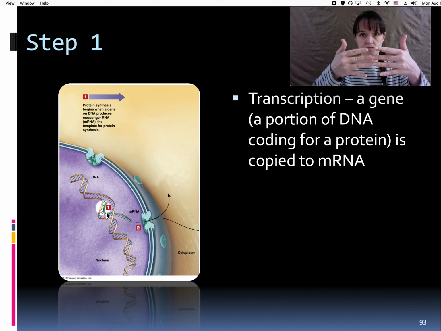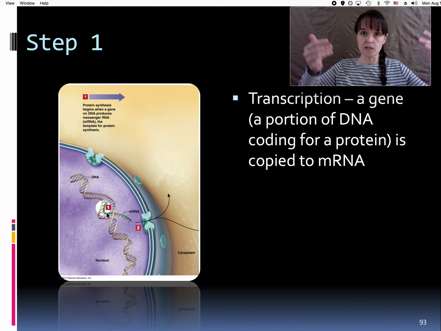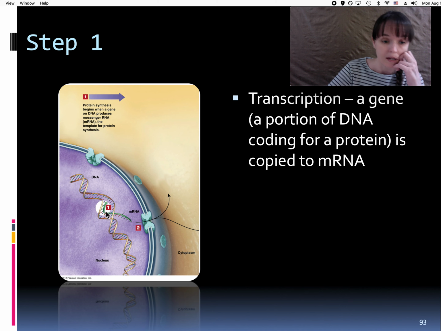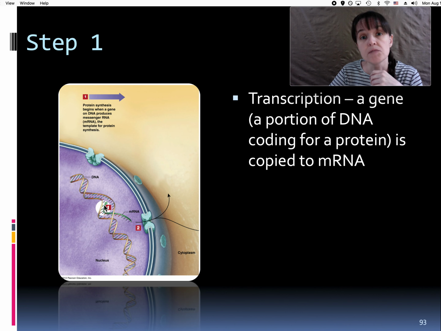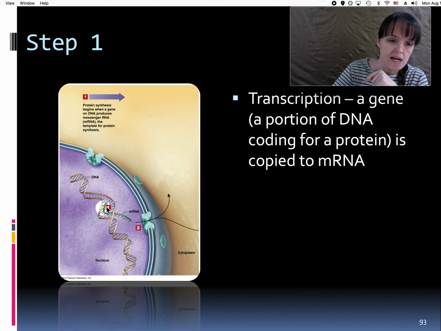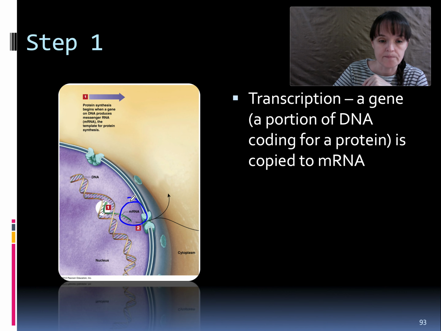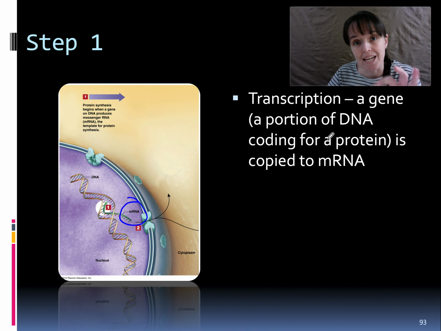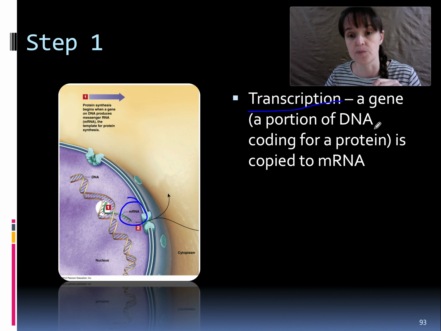Like you just pull it apart and then they're apart. And an enzyme runs down the side and makes a copy of the template strand, and so it will match the coding strand, but we'll get there. So it makes an mRNA, and making the mRNA from the DNA in the nucleus is transcription.